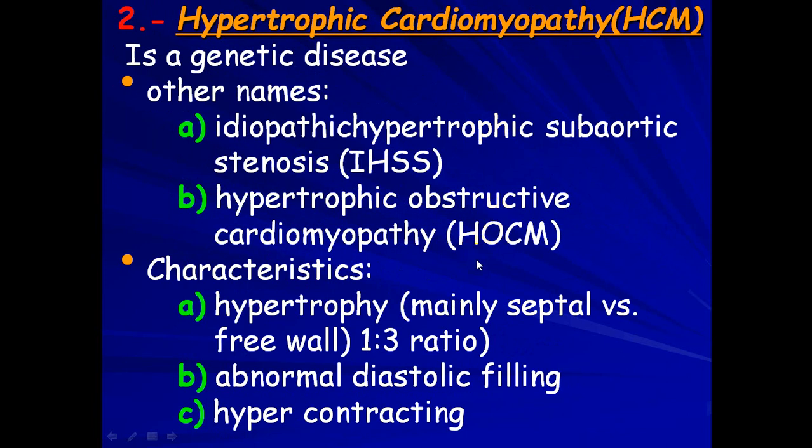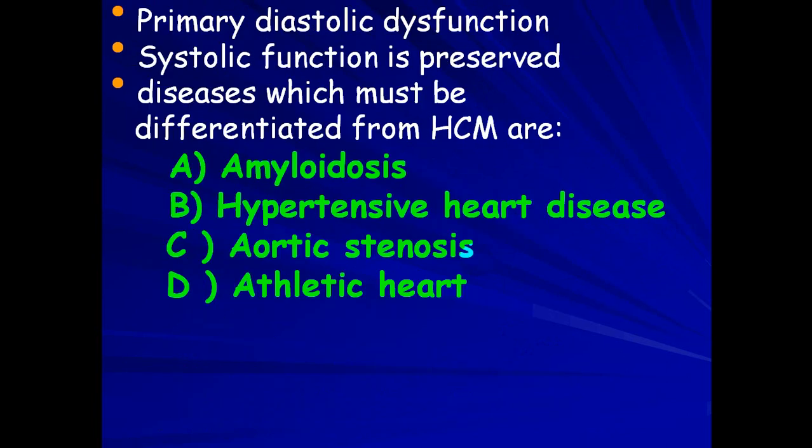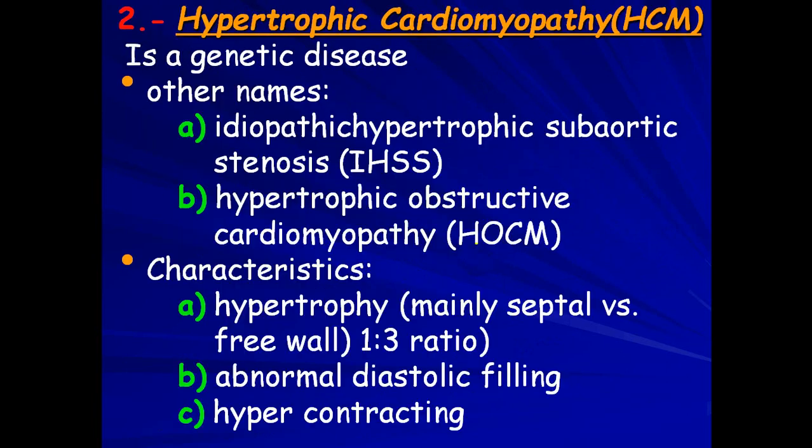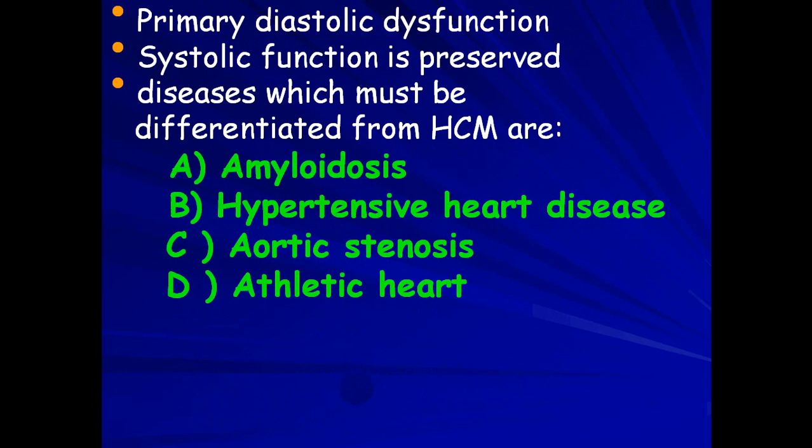Characteristics: hypertrophy mainly of the septum versus the free wall, in a proportion of 1 in 3. Abnormal diastolic filling and hypercontracting myocardium, in contrast to the hypocontracting myocardium of dilated cardiomyopathy. Primarily it is a diastolic dysfunction.